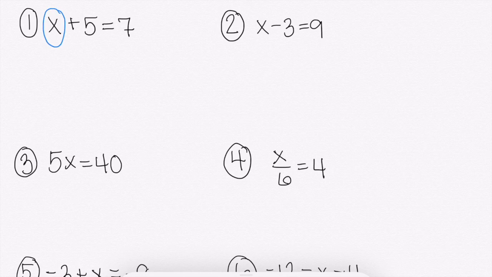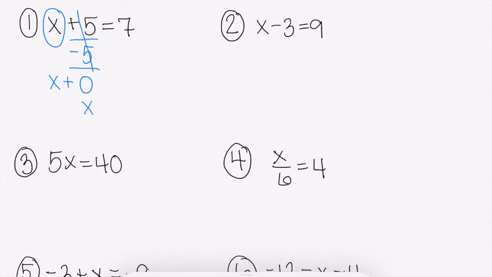Right now, I don't know what x is. I know what x plus 5 is. But I don't want to know x plus 5, so I want to get rid of this plus 5, which we saw we're going to use our opposite operation. So instead of add, we're going to subtract our 5, because a positive 5 minus 5 would get us 0. So x plus 0, that's really just the same thing as x.